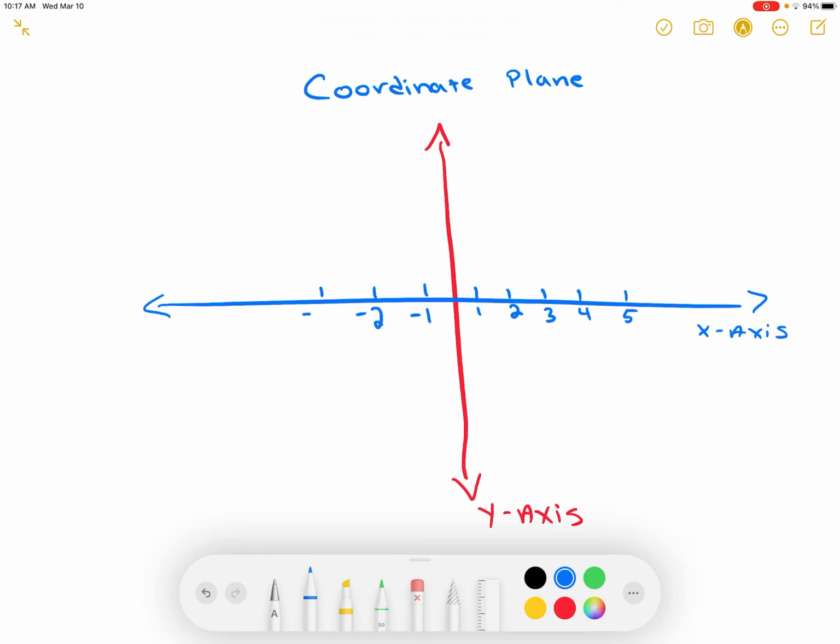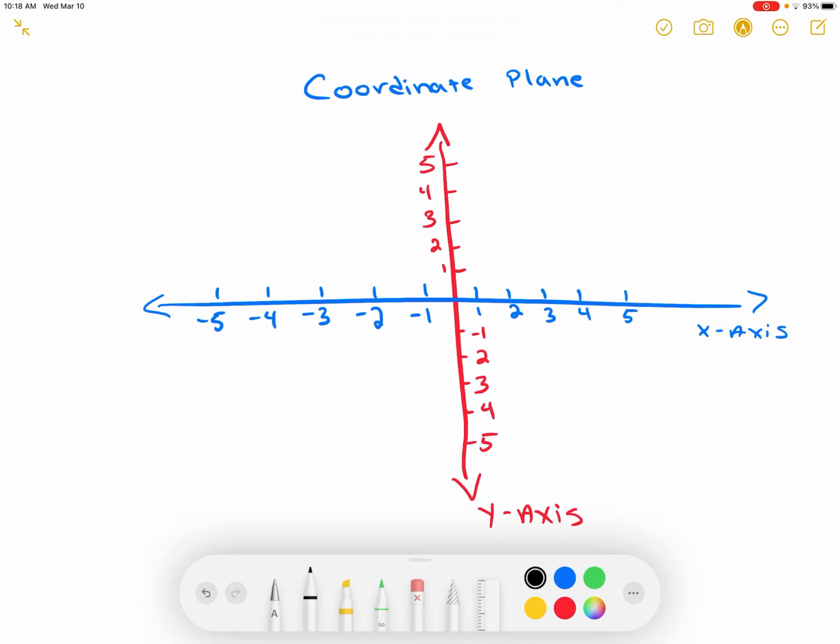Then we have the up and down, or the vertical number line. And we've got 1, 2, 3, 4, 5 going up, and we've got -1, -2, -3, -4, -5 going down.